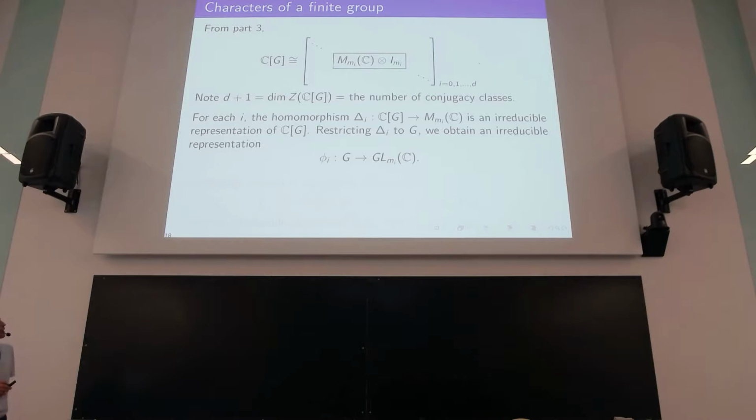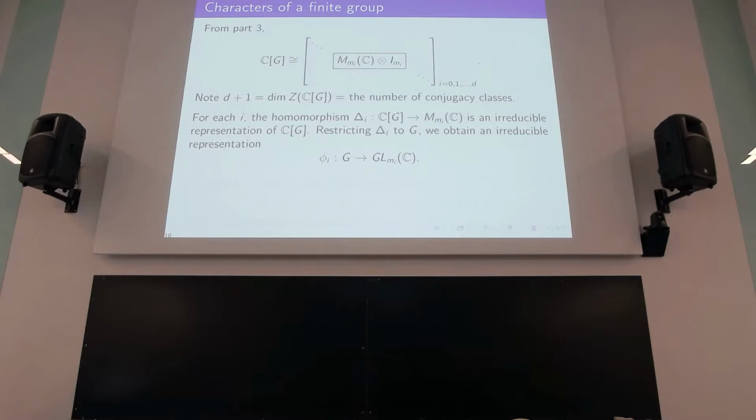So for each block, I get a representation, a homomorphism from the group algebra to this block. I ignore the repetition and just take a single block because the blocks are all the same. This is an irreducible representation of the group algebra.